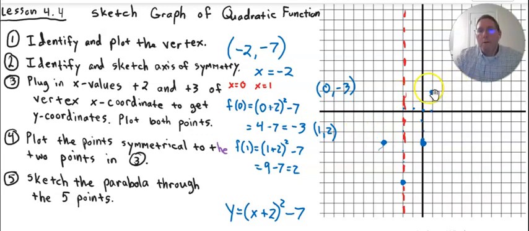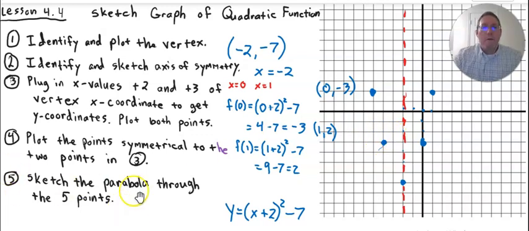From this point, 1, 2, we're going to go over 1, 2, 3 to the axis of symmetry, and then 1, 2, 3 again. And we're going to put a point right here. Okay? So you can see these are mirror points. From the axis of symmetry, this is exactly as far away as this. Same thing here.